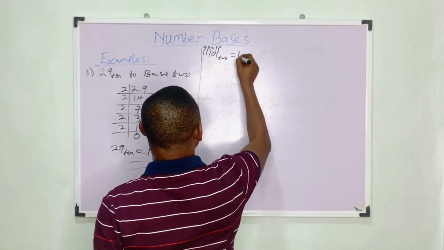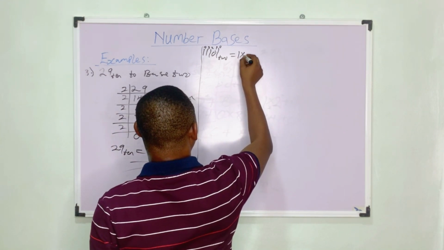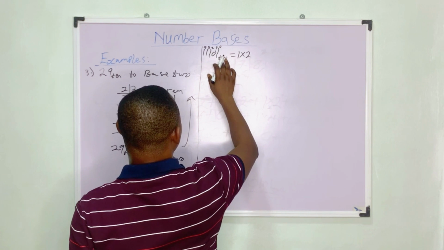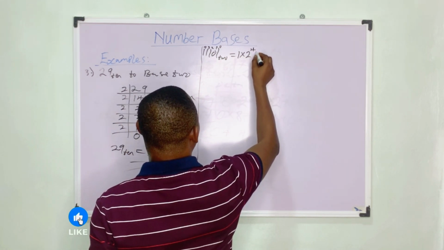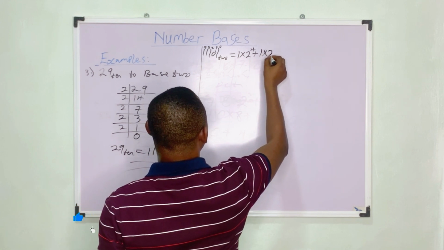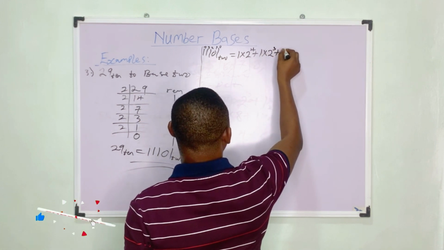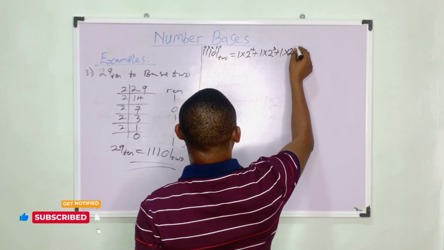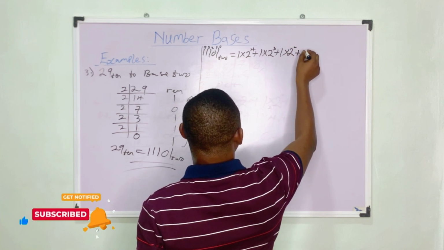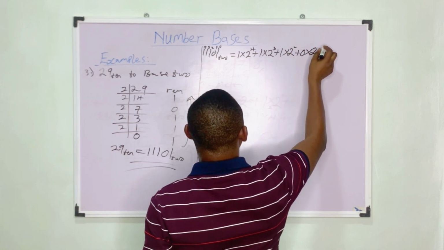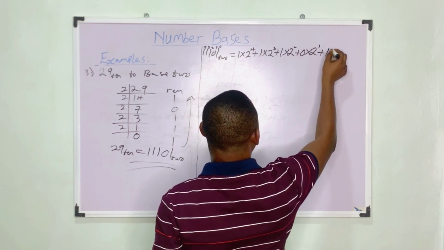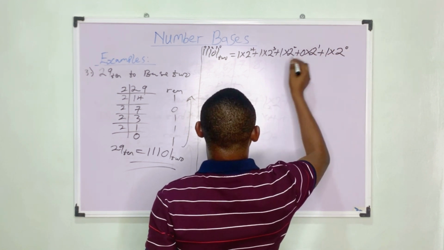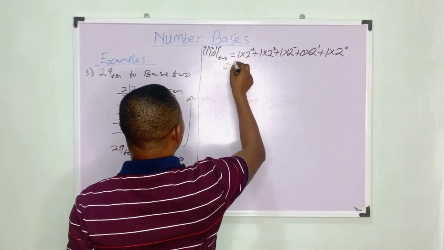Now let's continue. This will be 1 multiplied by 2, which is the base, raised to power 4, plus 1 times 2 raised to power 3, plus 1 times 2 raised to power of 2, plus 0 times 2 raised to power of 1, then plus 1 times 2 raised to power of 0.